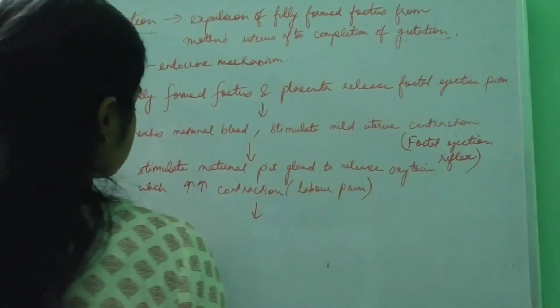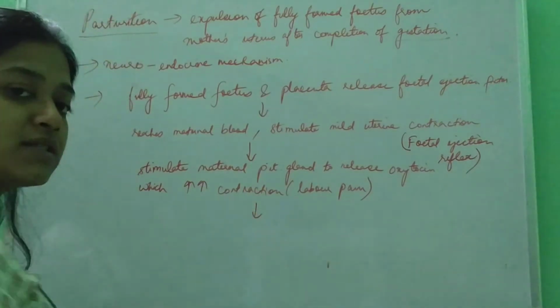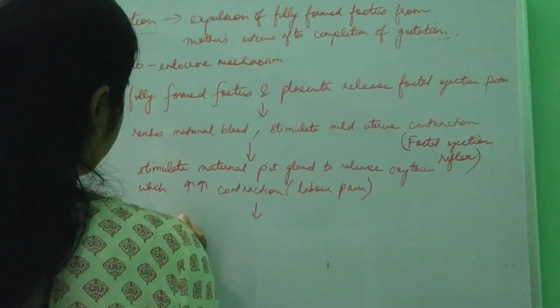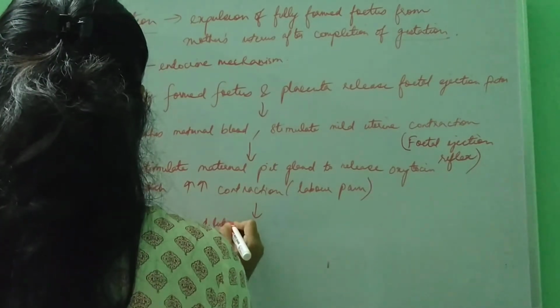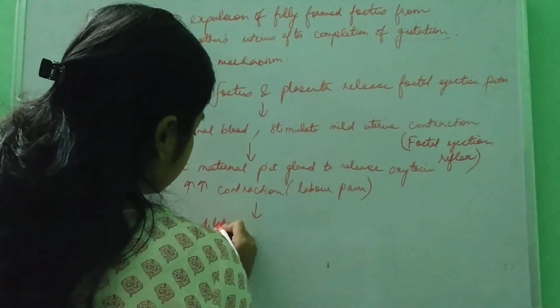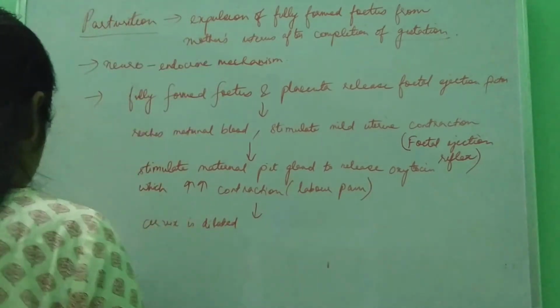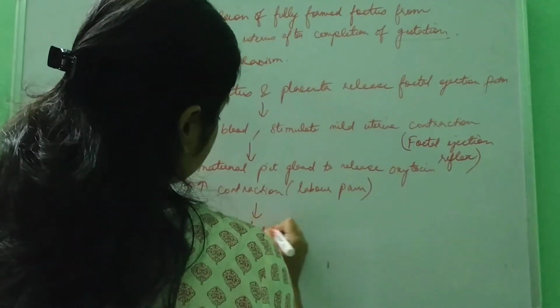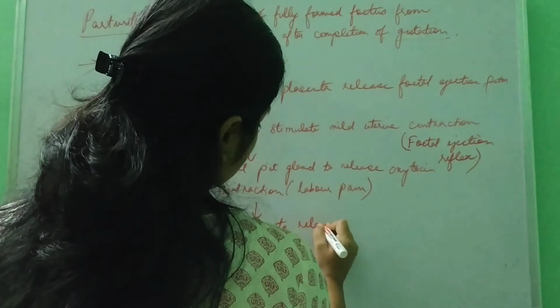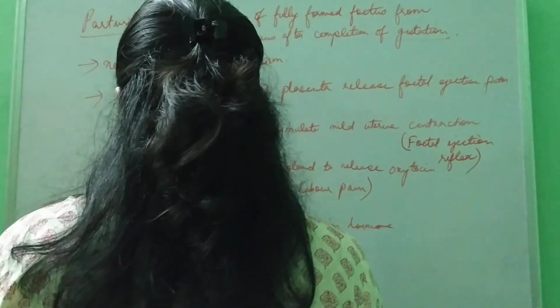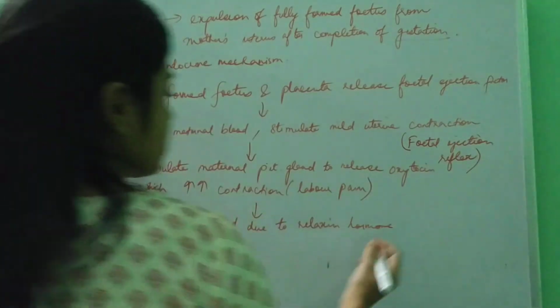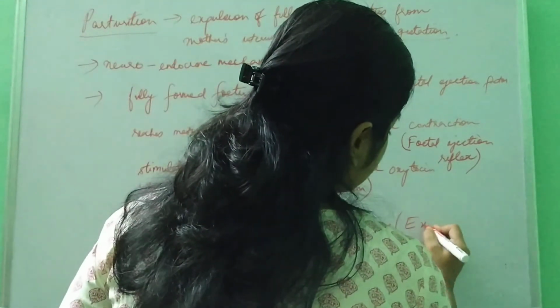Next, when labor pain starts occurring, the cervix of the female is dilated due to another hormone, relaxin. This is known as expulsion.